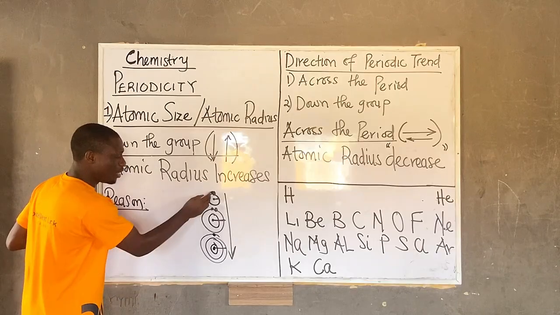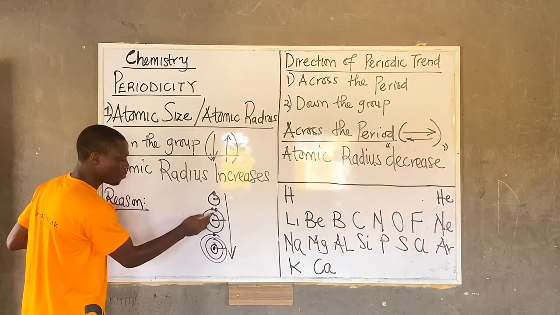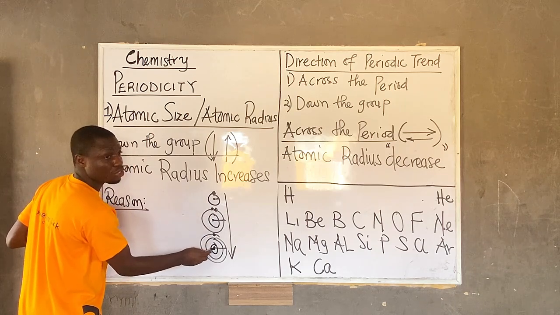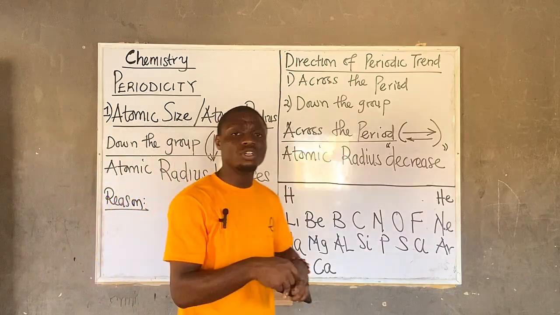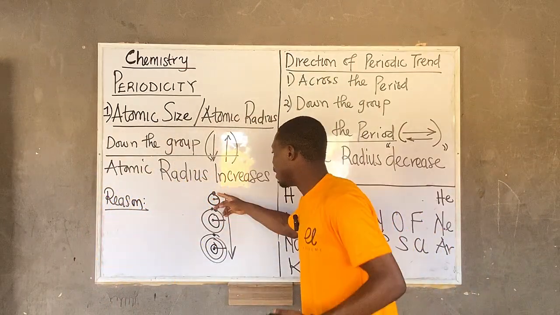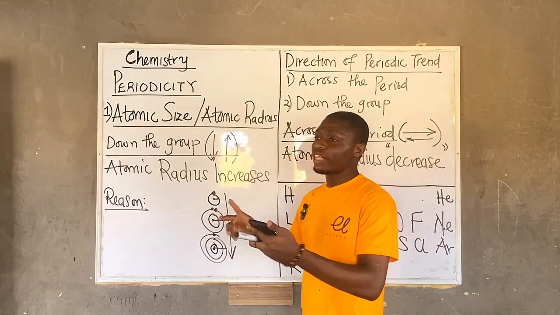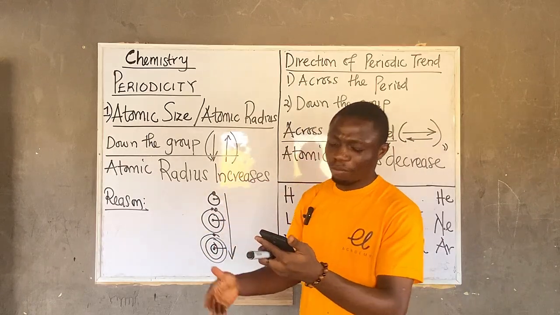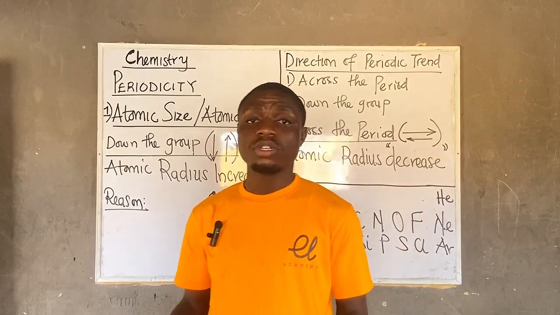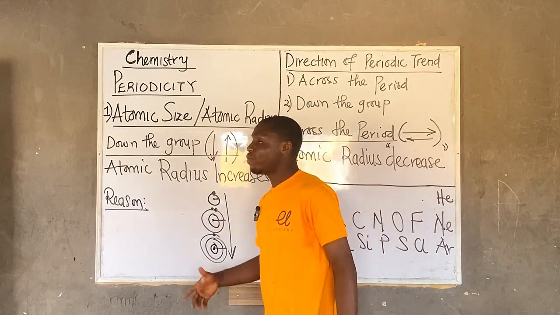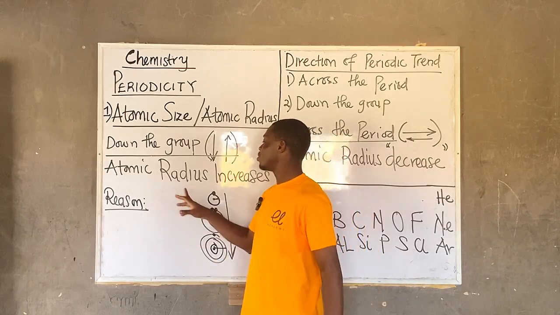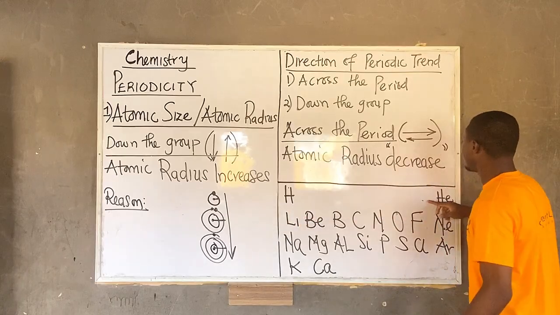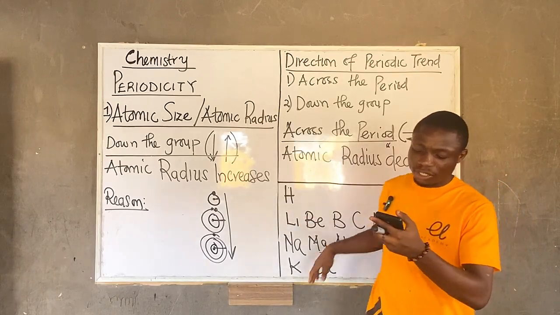So those are the three reasons why atomic radius increases down the group, and decreases across the period. This is how the concept works.